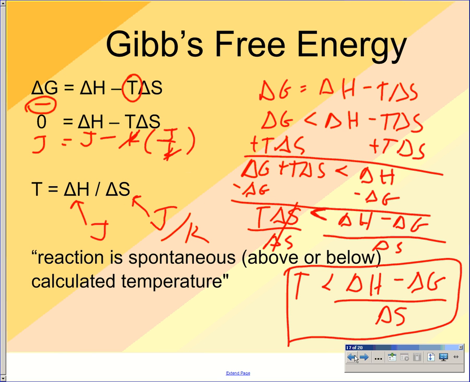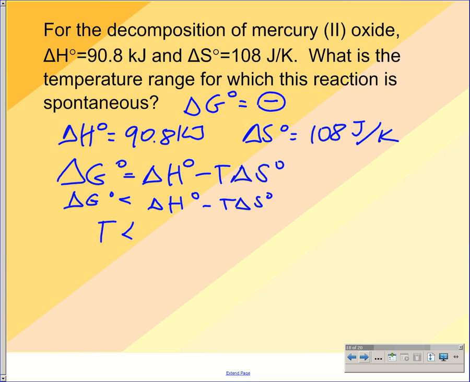Once you rearrange this, we can go back and look at our previous problem. You wrote this down right here. T is less than ΔH minus ΔG over ΔS. But there's something special.